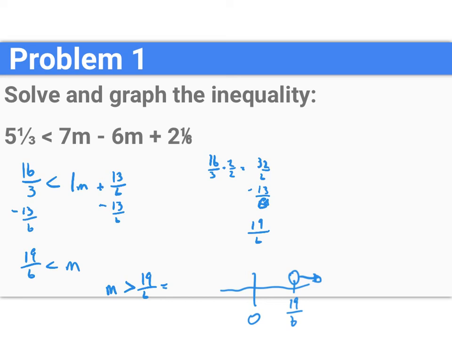So 19 divided by 6, you get 3. 3 times 6 is 18 with a remainder of 1 over 6. So this will be in between 3 and 4 on a number line. And we need to know how to do that so that we put them on number lines that are appropriately spaced.